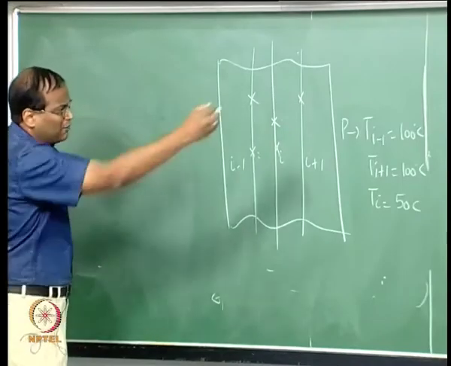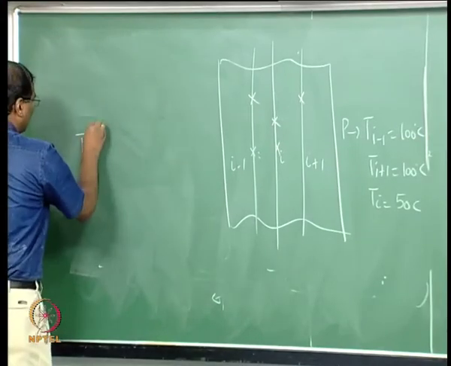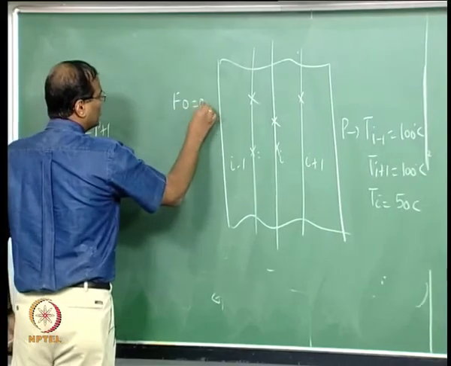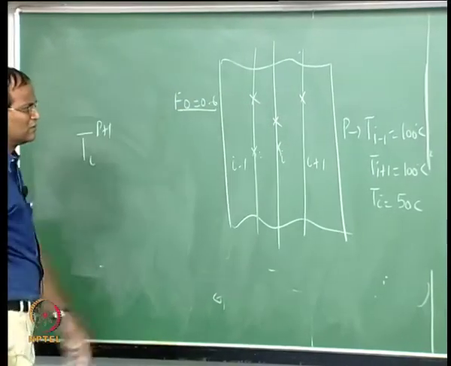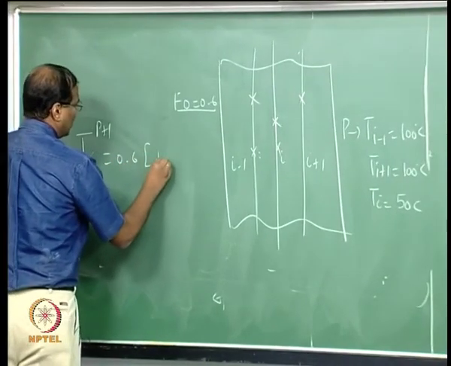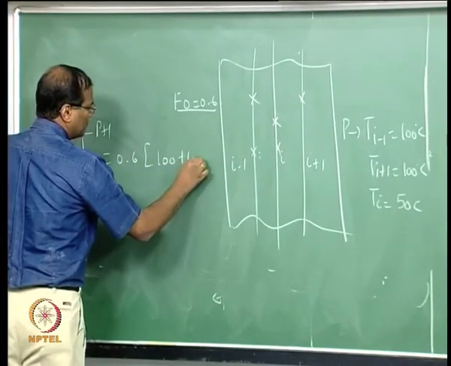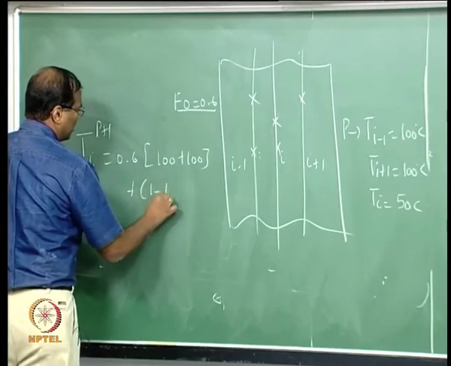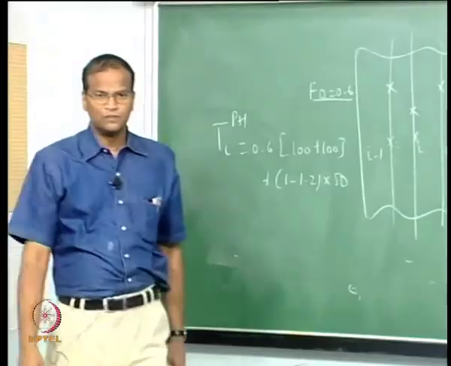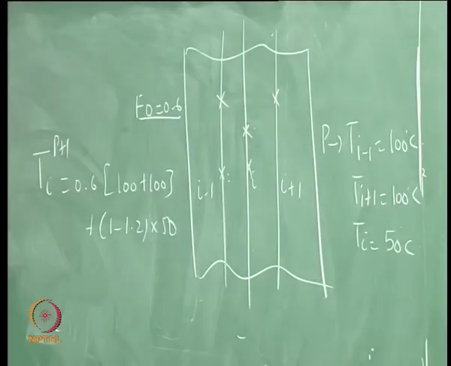Now I am using Ti of P plus 1, I want to calculate it from Ti of P. I am having Fourier number 0.6, what happens to my calculation? So I have 0.6 of 100 plus 100, plus 1 minus 1.2 of 50, correct? Will that be the temperature at Ti at P plus 1?